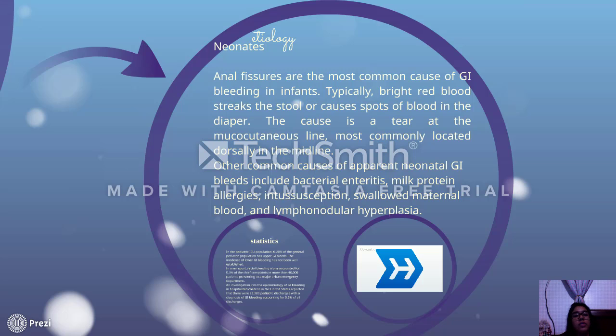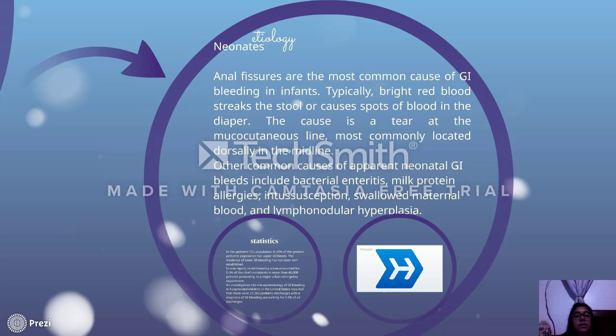Etiology: Neonates. Anal fissures are the most common cause of gastrointestinal bleeding in infants. Typically, red blood streaks the stool or causes a spot of blood in the diaper. The cause is a tear at the mucocutaneous line, most commonly located dorsally in the midline.